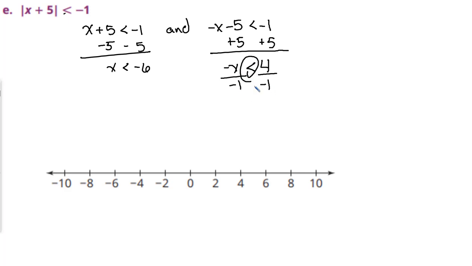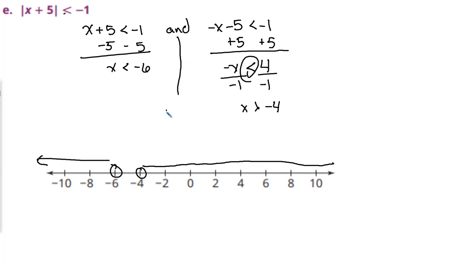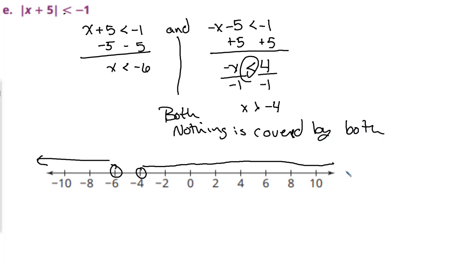So when we flip it, it's going to become greater. So we want everything that's greater than negative 4, but less than negative 6. And "and" means it has to be covered by both. So nothing is covered by both. So it's no solution.